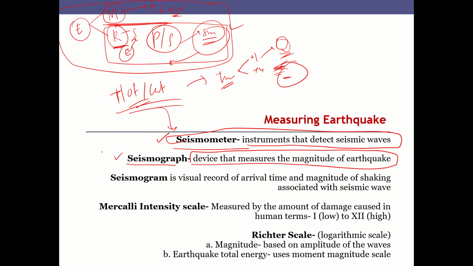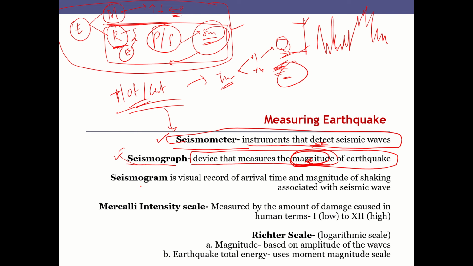This is also a device which helps in measuring the magnitude, plotting the magnitude. When you Google seismograph, you will find a graph like this. So there is a device which plots the magnitude of the earthquake that is detected. This is just detection.